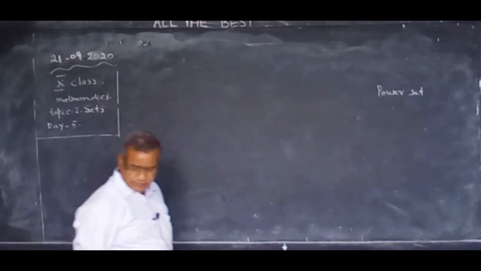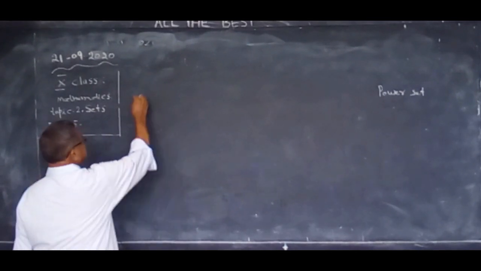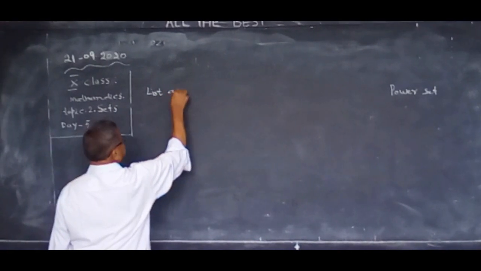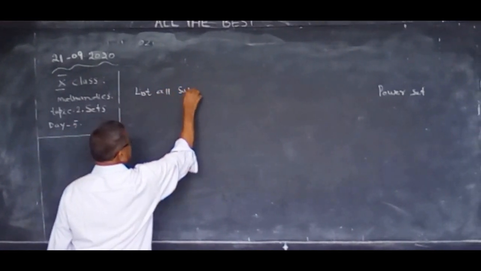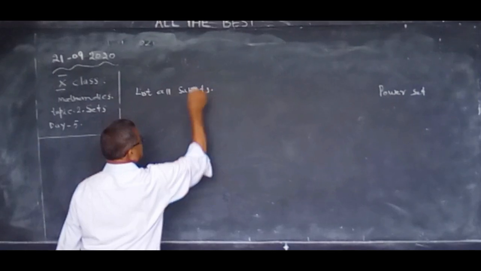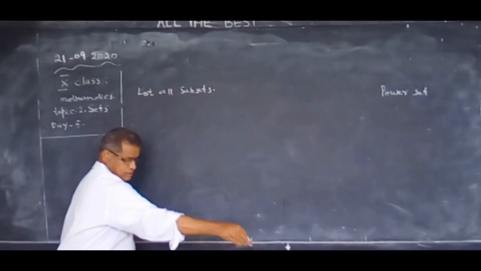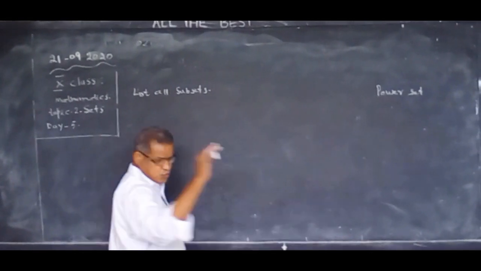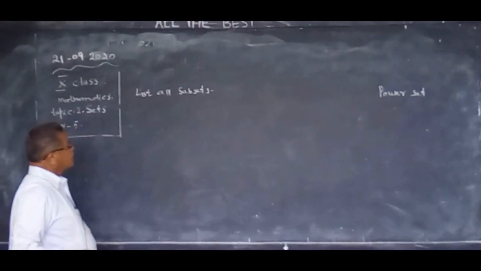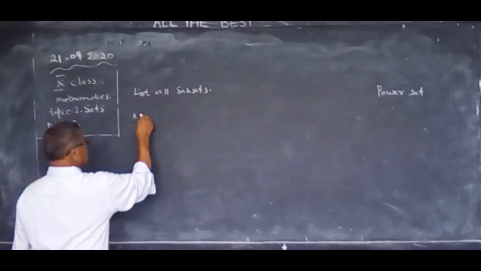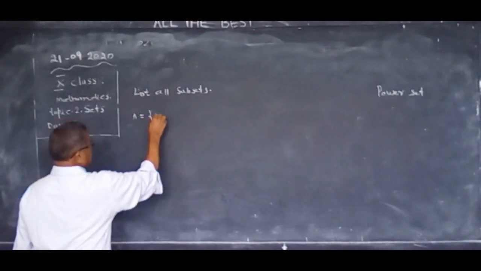List all subsets of the following sets. Set A contains 2 elements.